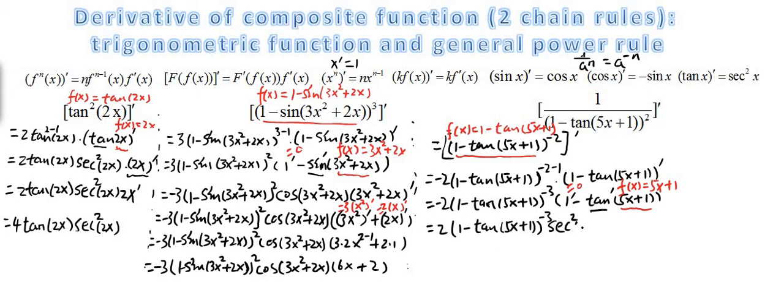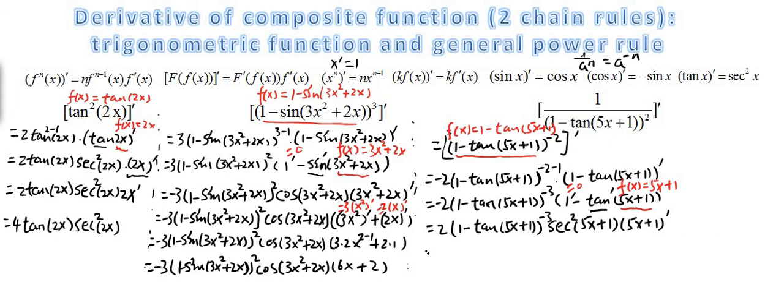f(x) should be 5x plus 1, and times the derivative of 5x plus 1. And for the last term, again, we can see here the derivative of the sum of two functions is gonna be the derivative of each function.